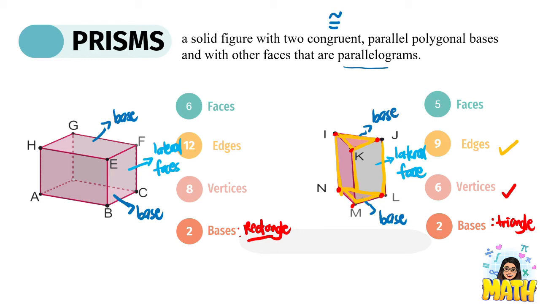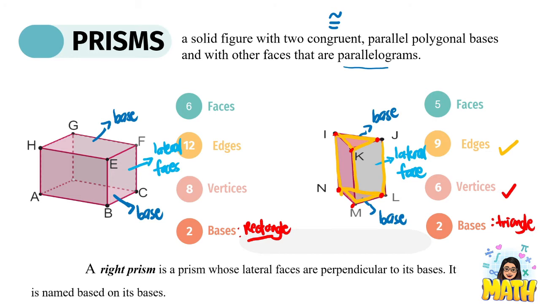Okay? Then we have a right prism. It is a prism whose lateral faces are perpendicular to its bases. So, makakategorize natin na right prism ang isang prism kung itong mga lateral faces niya ay perpendicular sa kanyang mga base.